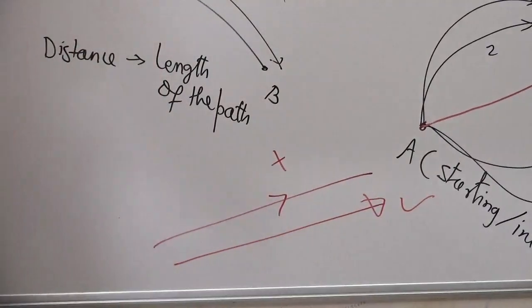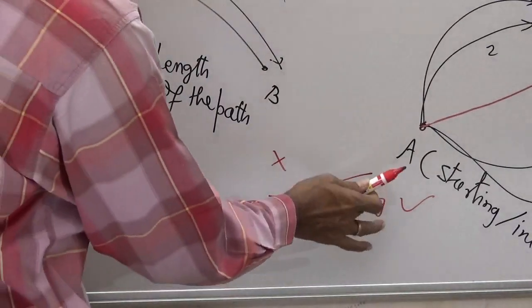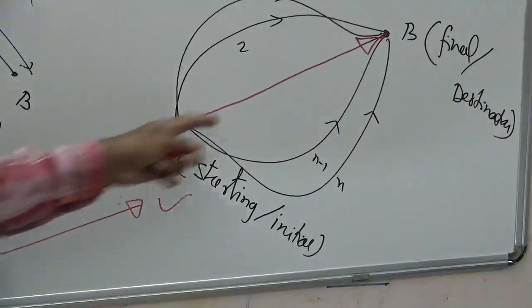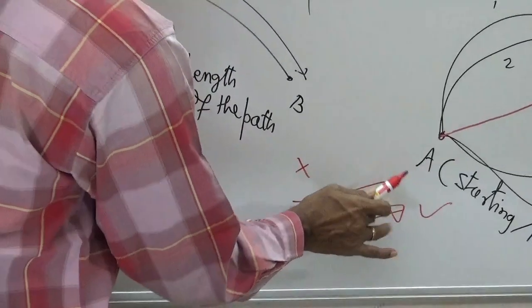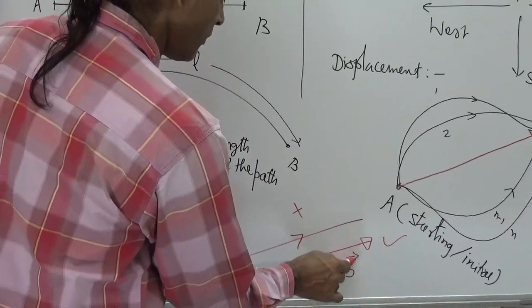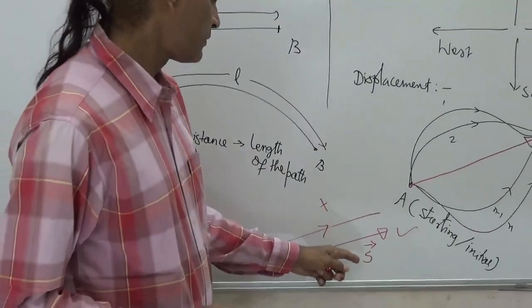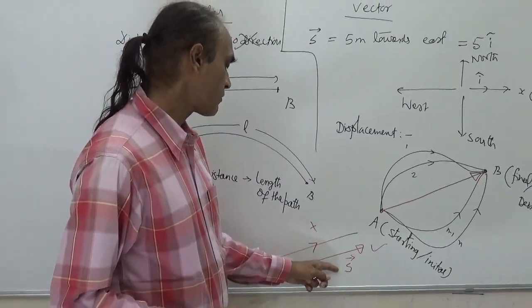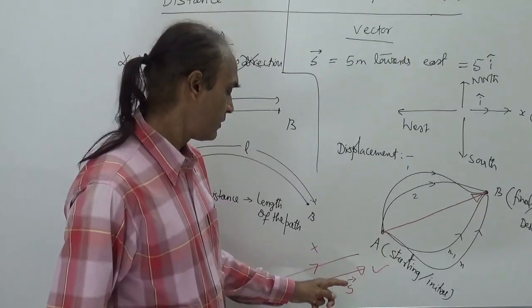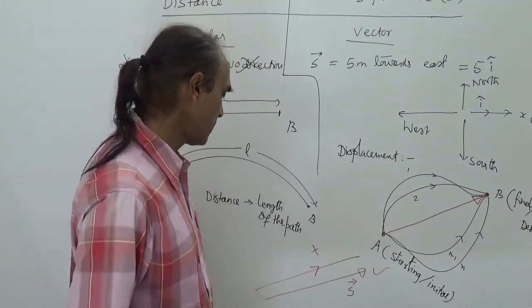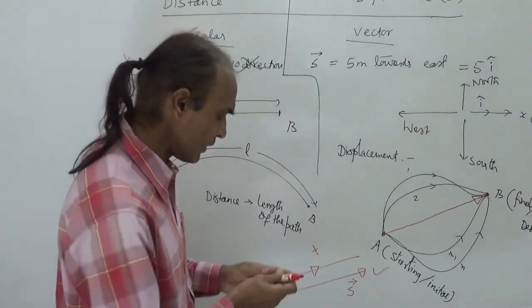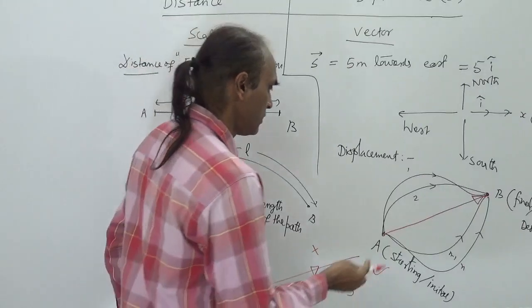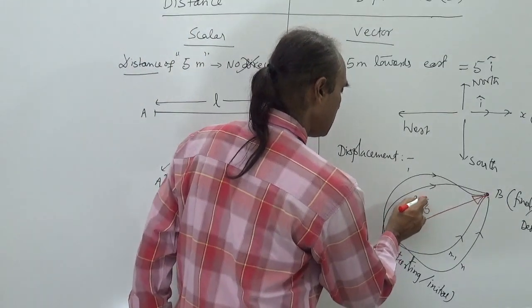This is correct. The arrow should be given at the end of the segment. Then this is the correct geometrical or graphical representation of the displacement. But if you put the arrow in the middle, it's the wrong representation. So this is the displacement.